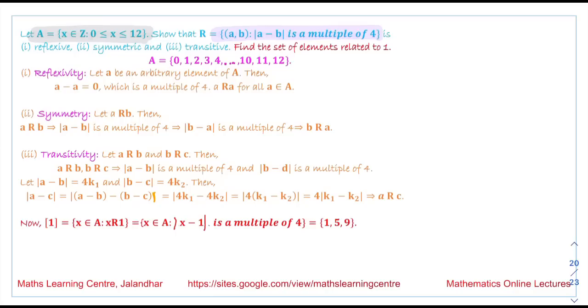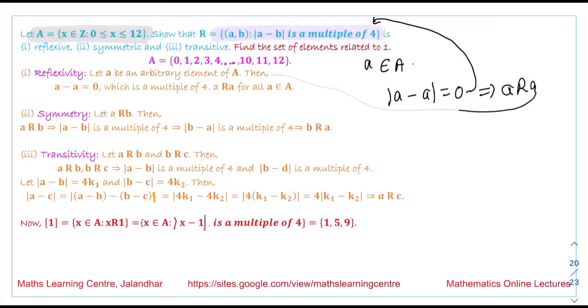So if we look at this relation R, we consider any element a belongs to this set A, then mod of a minus a is equal to 0, and it is a multiple of 4. So this implies that a is related to a, and hence this relation is a reflexive relation.